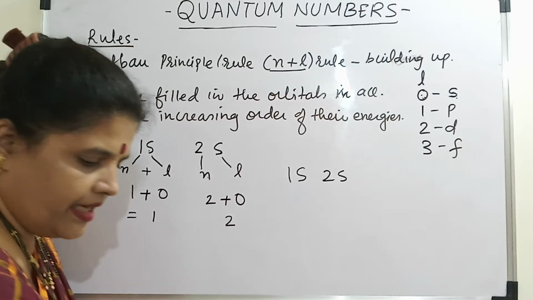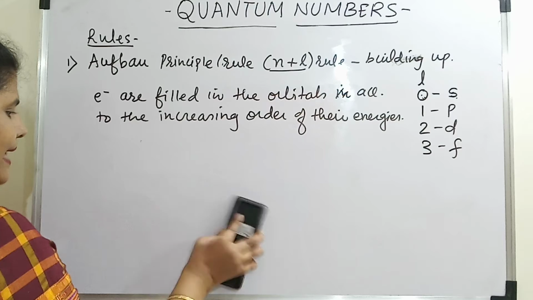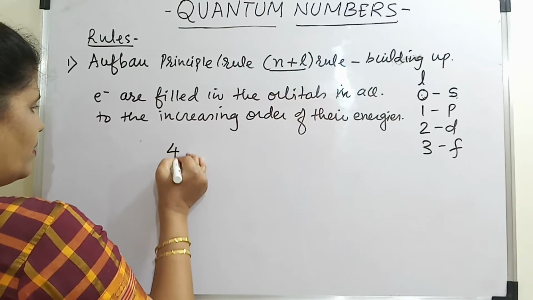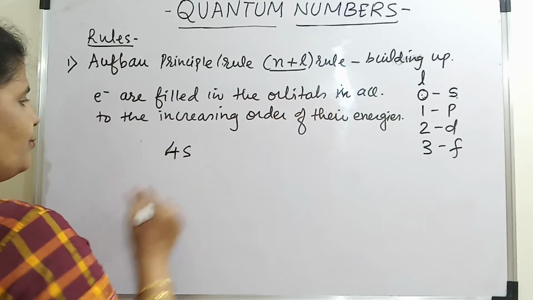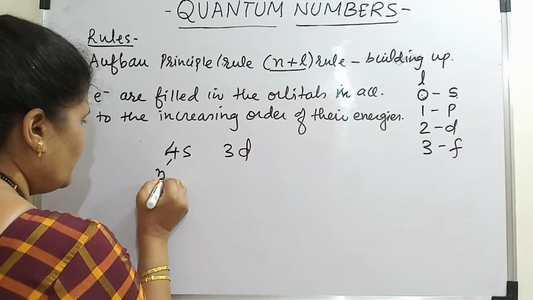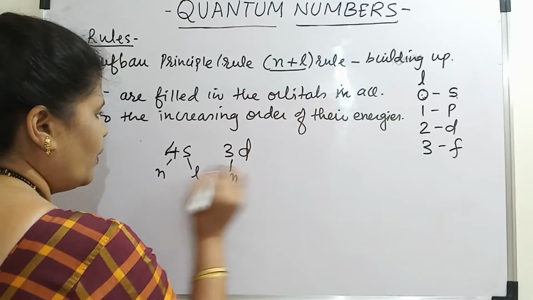To understand this, let us take one more example, 4s and 3d. This is your principal quantum number, and this is your azimuthal quantum number.